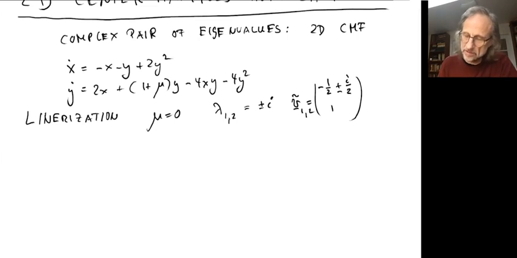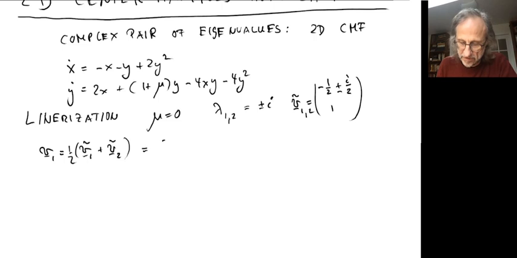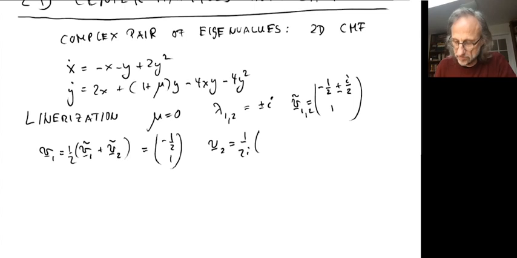We make a linear combination of these two, which amounts essentially to the real and imaginary part of V1 tilde. So V1 is 1/2 times V1 tilde plus V2 tilde, which is minus 1/2, 1, and V2 is 1 over 2i times V1 tilde minus V2 tilde, which amounts to 1/2, 0.